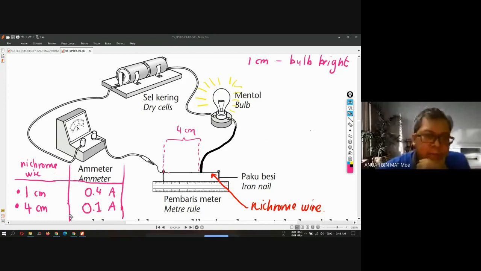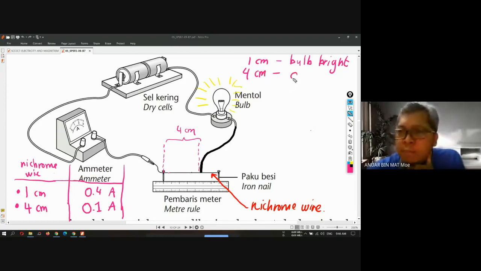And what happened to the bulb? If I use 4 centimeter of nichrome wire, the bulb will be dim. Dim is not bright.